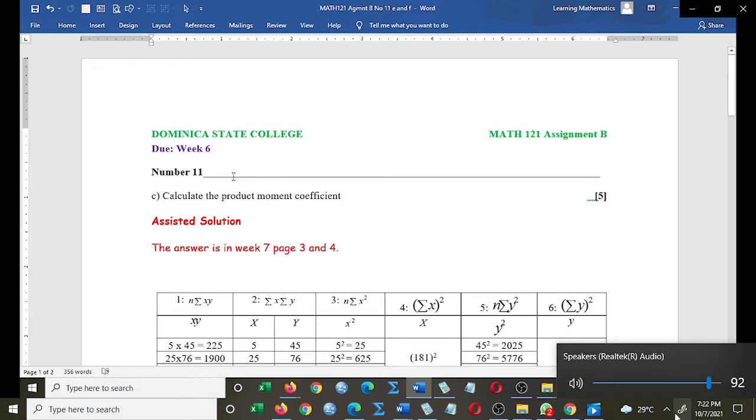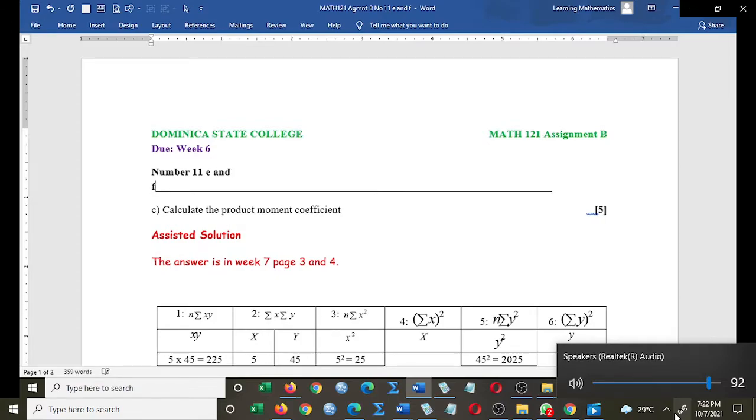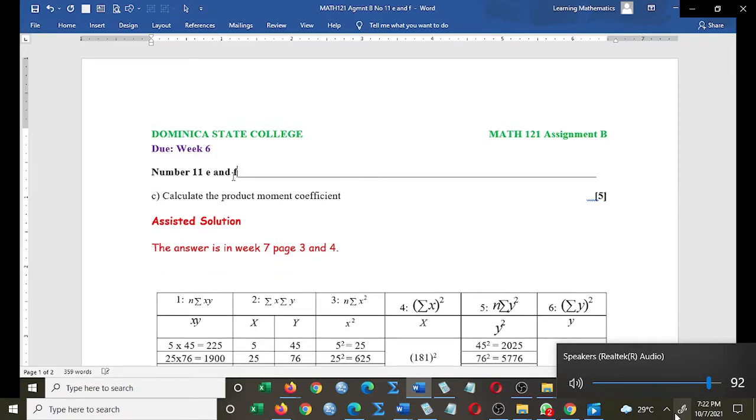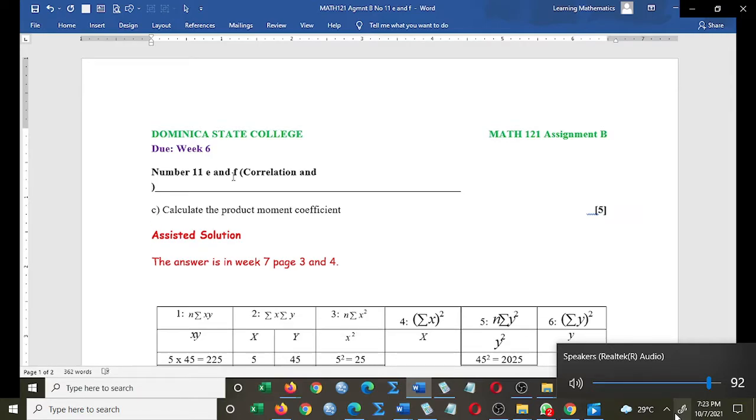So number 11, part E and F is analyzing the topic correlation and regression.